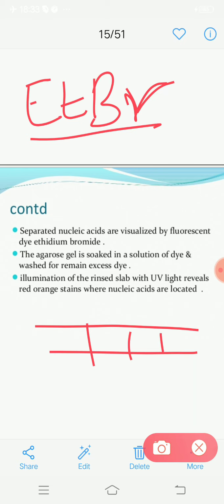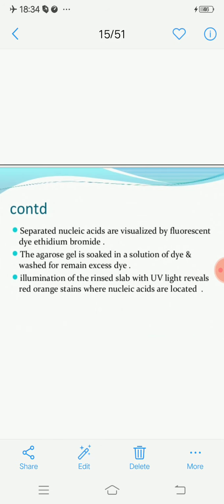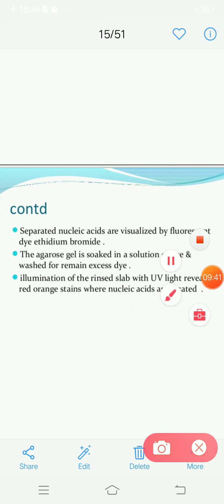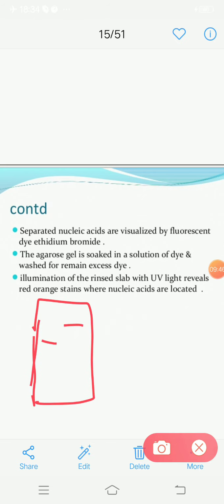So the agarose gel is soaked in the solution of this dye and washed to remove the excess dye. Then illumination of this slab with UV light reveals the red orange stain where the nucleic acids are located. Means what? Suppose this is your gel. This is the bands you will get after running agarose gel electrophoresis.